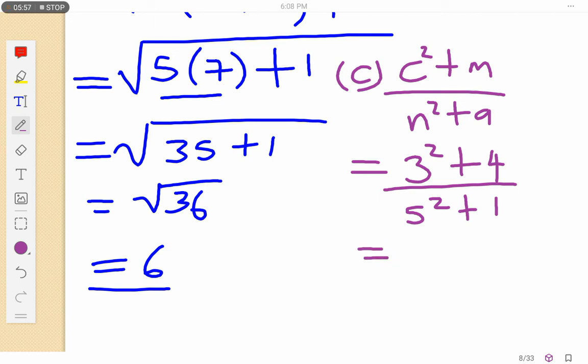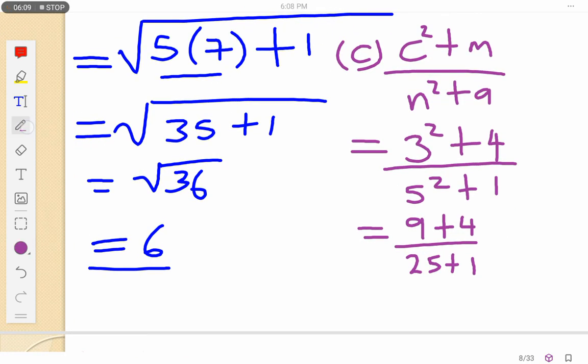So we will get 3 squared, we get 9, plus 4, over 5 squared, we get 25, plus 1. Then simplifying, 9 plus 4 we get 13, over 26. This is equal to 1/2.